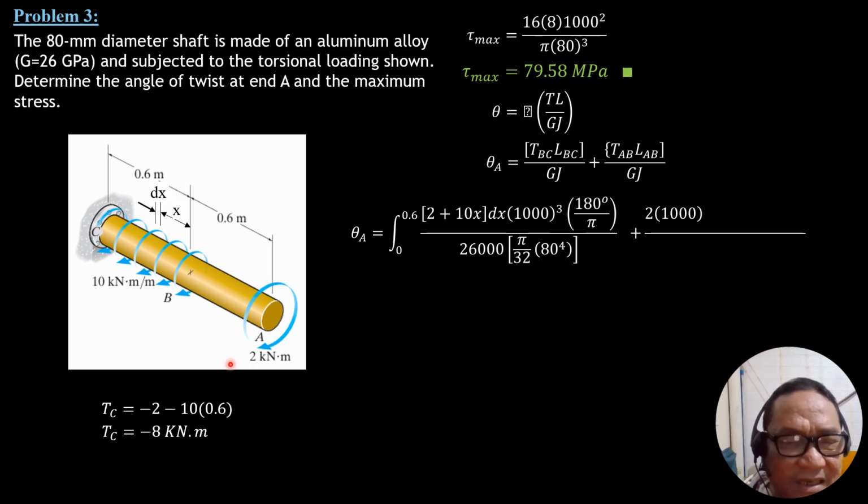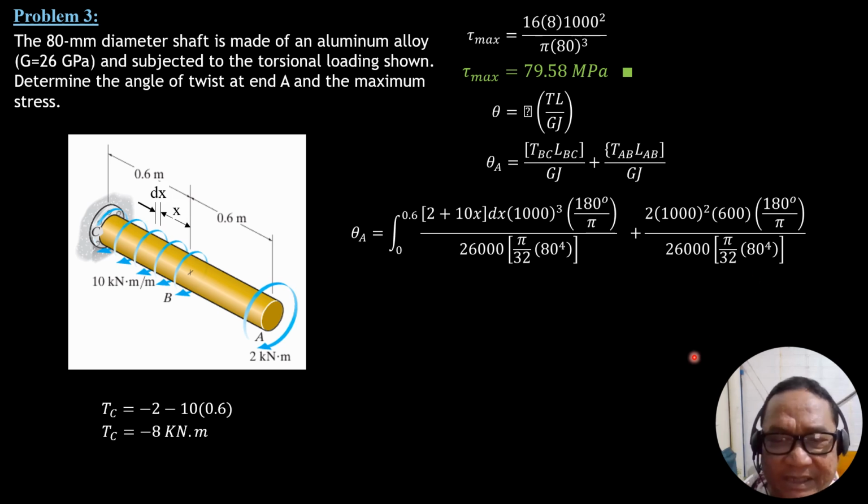Then plus the torque here in AB is constant at 2 kilonewton meter times 1000 square to convert it to Newton mm. The length is 600 mm, 0.6 conversion factor over GJ. Same property. So the first value, by using your calculator, is equal to 1.644 degrees, and the second one is 0.6576 degrees. Combining, theta A is equal to 2.302 degrees.